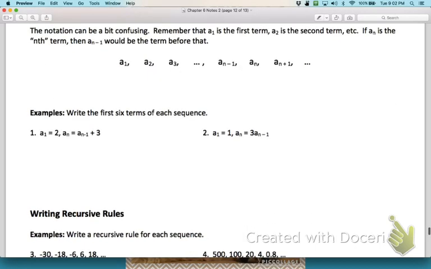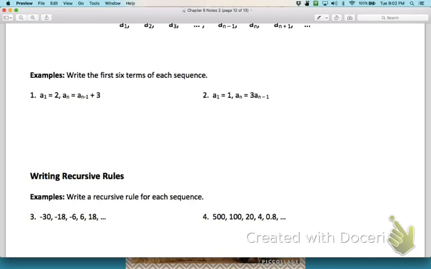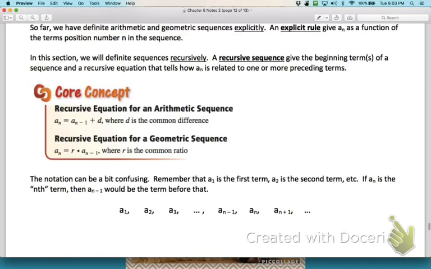So let's look at how we use a recursive sequence. So here are a couple of examples. We want to write the first 6 terms of each sequence. Now here's what's important. That definition that we talked about said you're going to know the first term and then you get a rule. So something that is important to add to these rules here that you've got in the boxes is that you must always give A1.